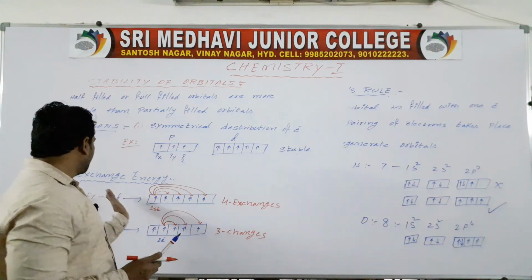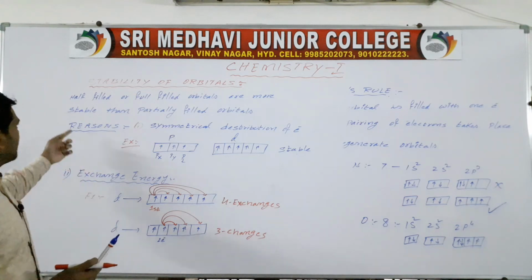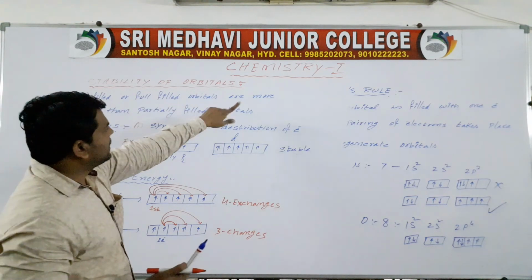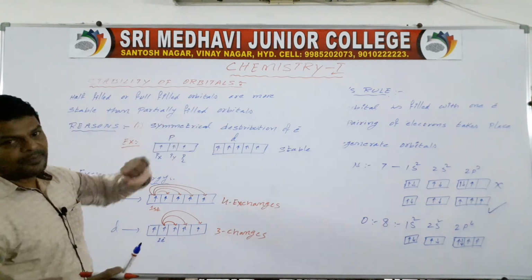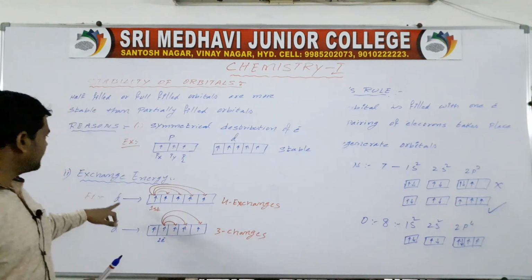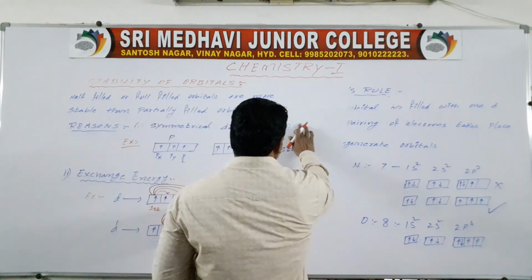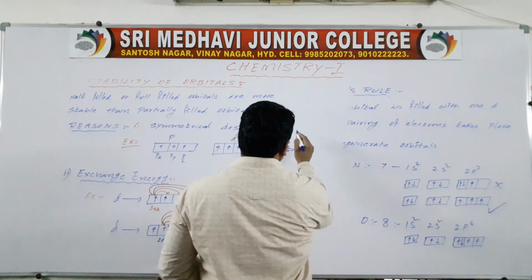So this is the way exchange energy can be discussed. This is nothing but the stability of orbitals. Half filled or fully filled orbitals are more stable than partially filled orbitals, due to symmetrical distribution of electrons as one reason and exchange energy as the second reason.